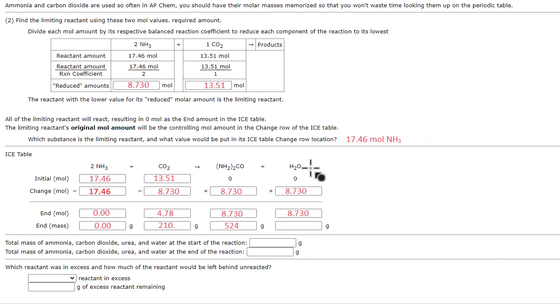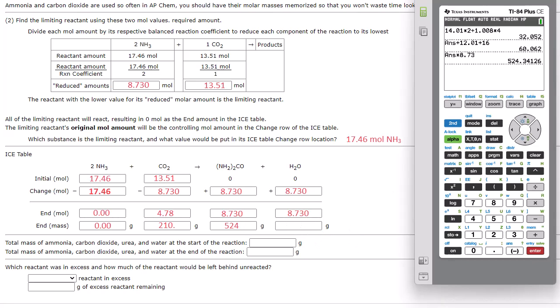And of course, you're going to have your water here, and I'll pull my calculator out again. And I'll take my 8.73 again, 8.73 times, remember the molar mass of water, you're going to use it. Without doubt, that'll be enough, 18.01. And we get our 157 grams of water that is produced.